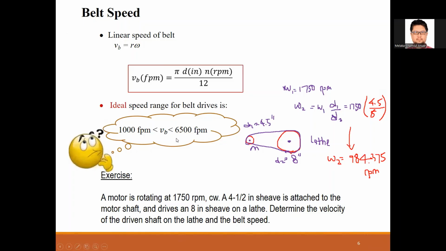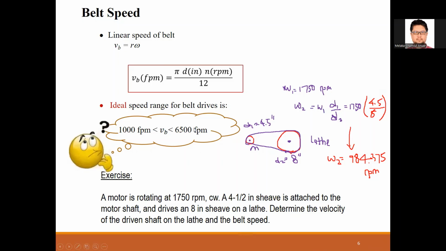So how do we know we can use a belt? Usually the ballpark range for VB is between 1000 FPM and 6500 FPM. If you have to decide, maybe you take VB somewhere in between, like 2000, 3000, 4000.